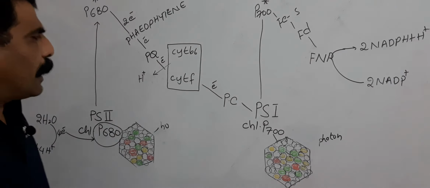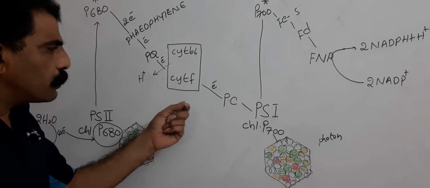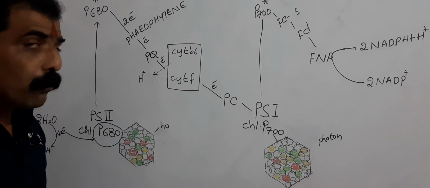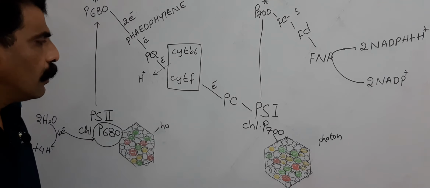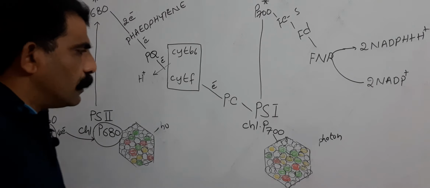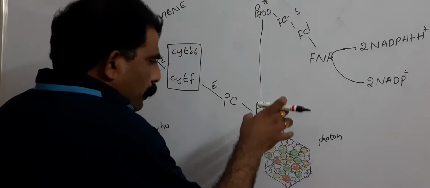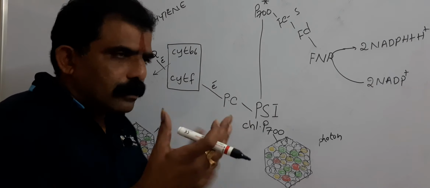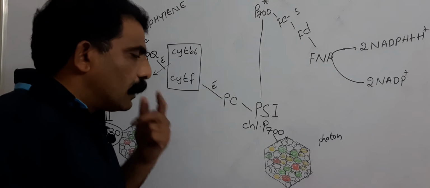Now, the electrons are finally transferred to the plastocyanin, which is a mobile electron carrier.